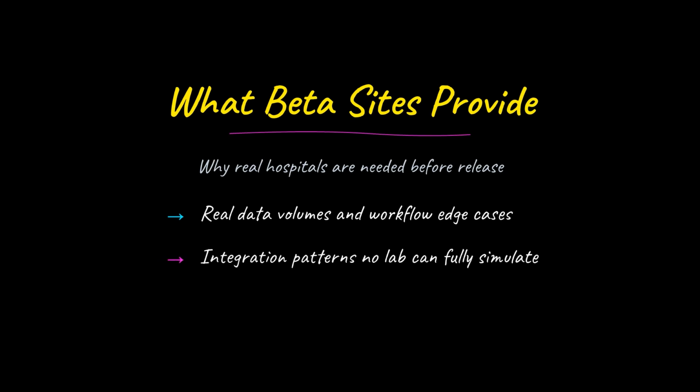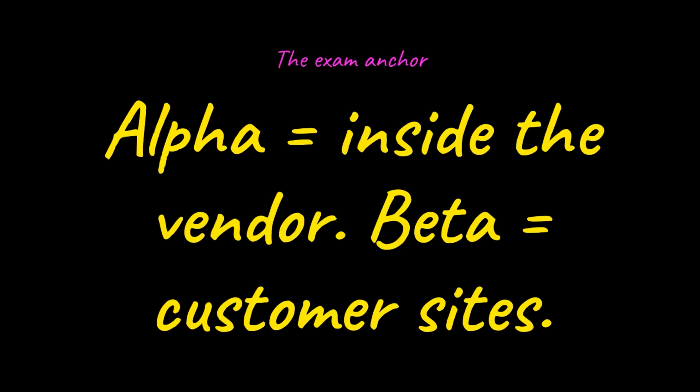Beta hospitals absorb early risk in exchange for benefits like reduced licensing fees or early feature access, and their feedback meaningfully matures the product. When a question stem describes external customer organizations running software before general release, that is beta testing. If the testing is inside the vendor's walls with no hospital involvement, that is alpha. Those two locations resolve any ambiguity.